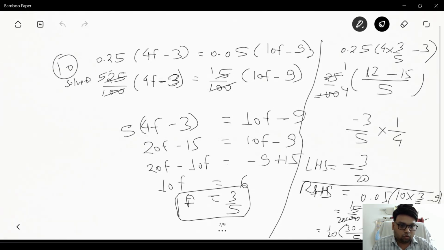So here also the result is minus 3 by 20. So left hand side is equal to right hand side, and our answer 3 by 5 is correct.